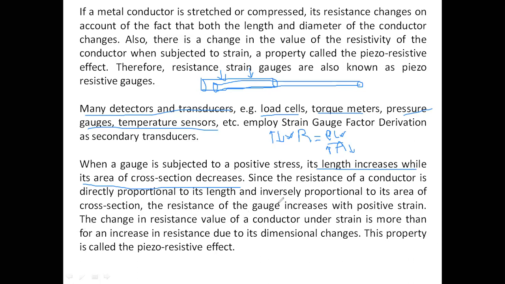So the resistance of a conductor is directly proportional to length and resistivity and inversely proportional to its area of cross section, right? The resistance of a gauge increases with positive strain.